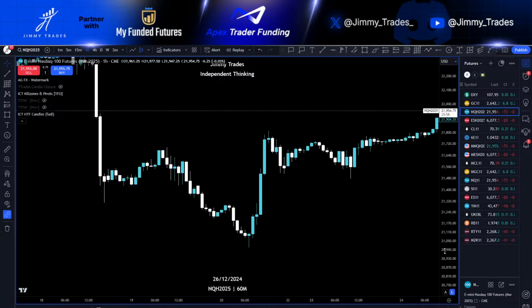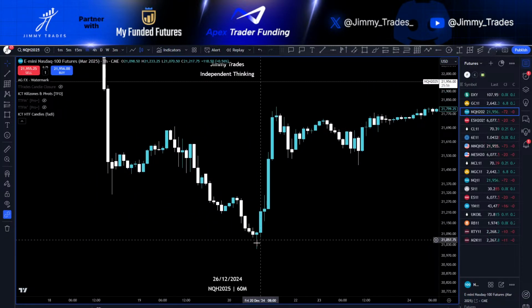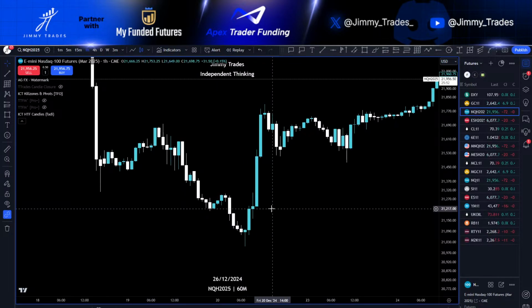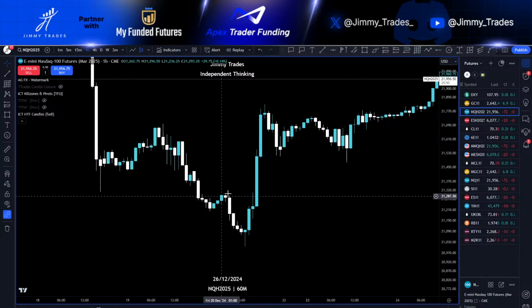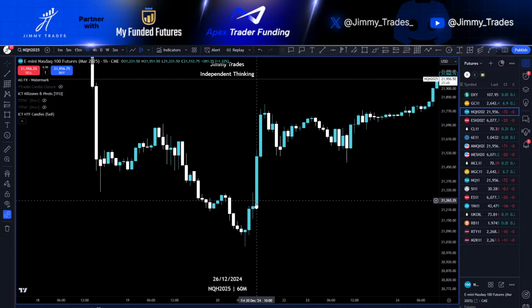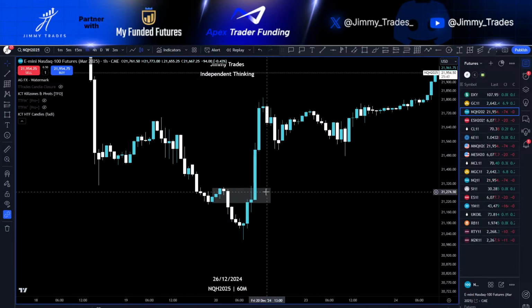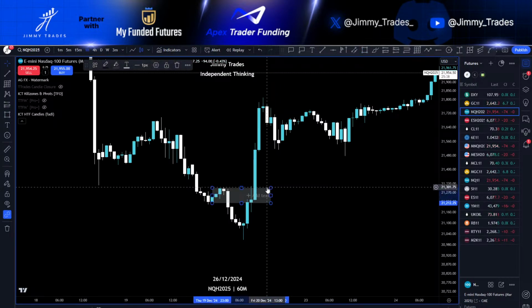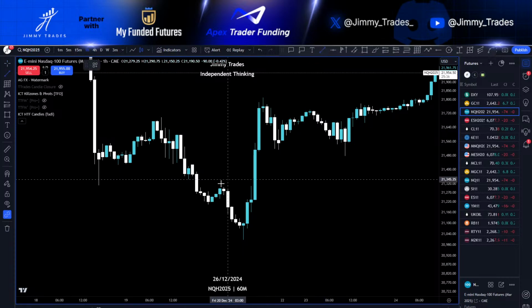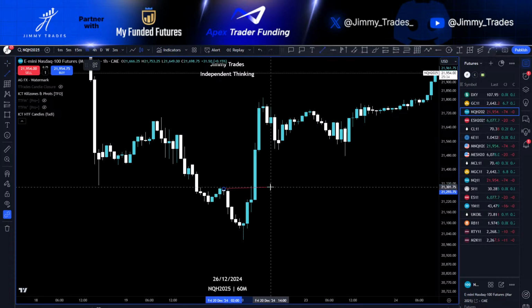So when you're looking for a change in the state of delivery, this is a great example. I mean, this is also a nice breaker. It's not a unicorn because there's no FVG aligned here. But here is your change in the state of delivery.